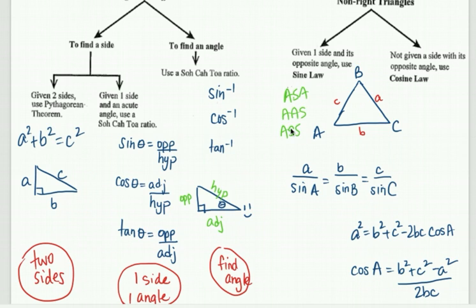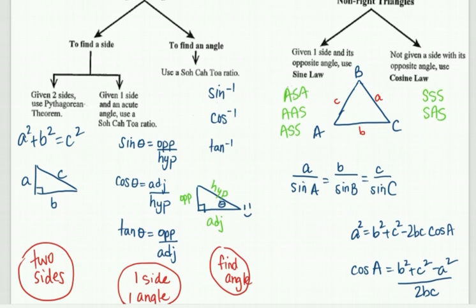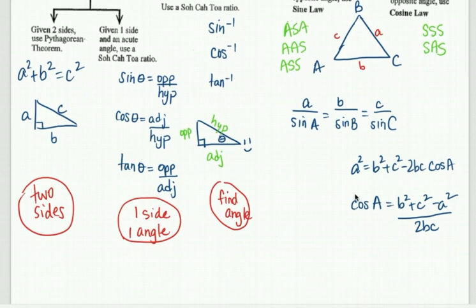Whenever you have those given pieces of information, use sine law. And cosine was where it was side side side, or side angle side. That's when we use the cosine law. Here's one of them, and then here's the equation rearranged so that it's easier for you to calculate the angle.